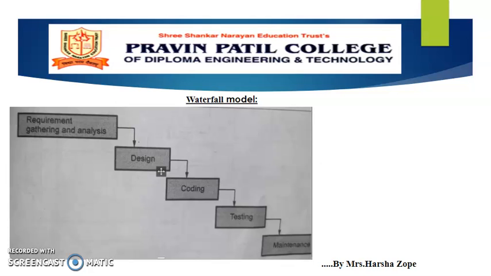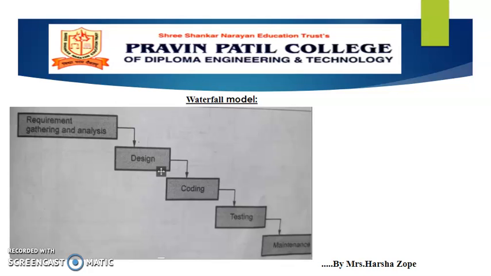Then we'll see the advantages of the waterfall model. The waterfall model is very simple to implement. For implementation of small systems, the waterfall model is used. Then we'll see the disadvantages of the waterfall model. It is difficult to follow the sequential flow in the software development process.